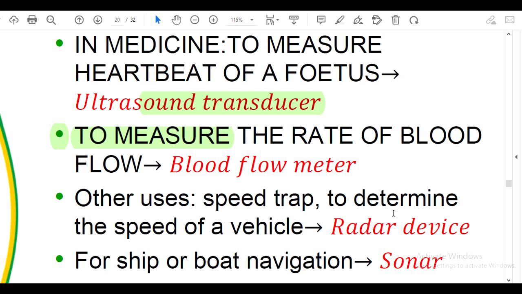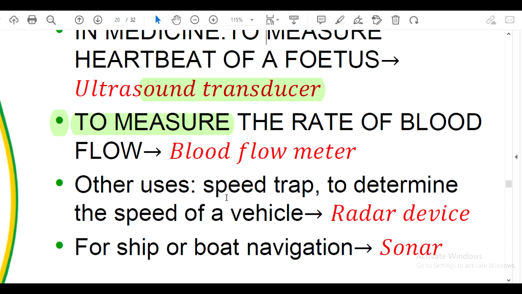The detector, which is the blood flow meter, is also placed on the skin of the host, and as the blood is flowing, it makes sound, the sound that we can't hear with our own ears, but the blood flow meter will detect the frequencies and the direction of the blood flow.